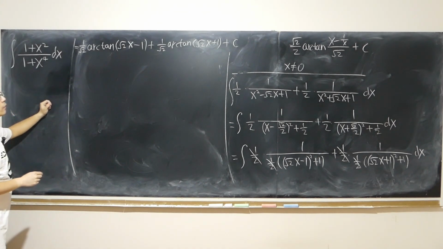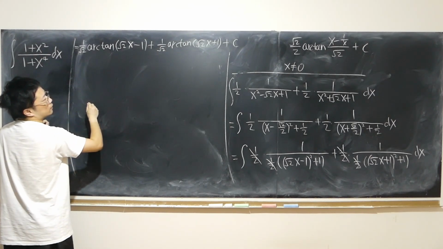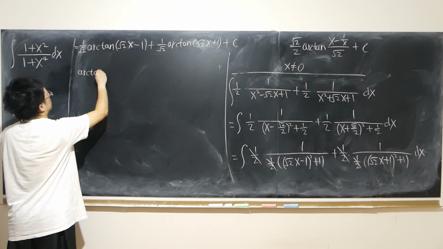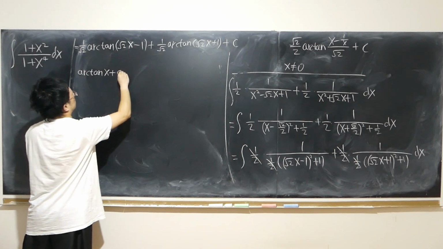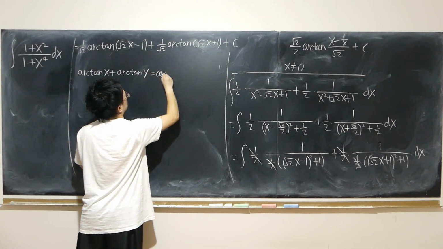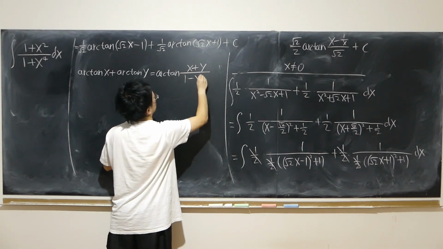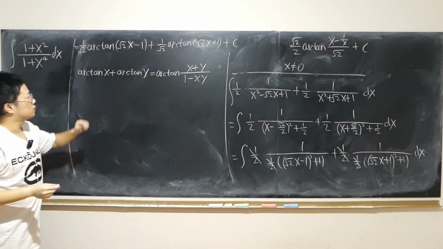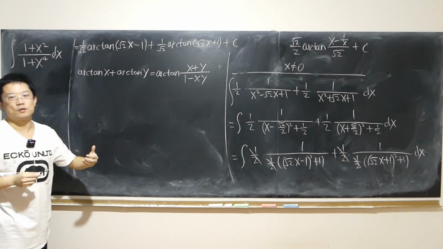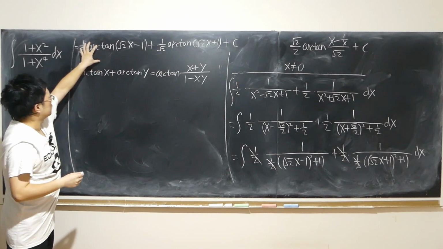From the trig identity, arctangent x plus arctangent y is equal to arctangent of x plus y over 1 minus x times y. This is easily verifiable: just use the angle sum of tangent, then apply the inverse tangent on both sides. So not going to go into details. According to this, we can simplify that.